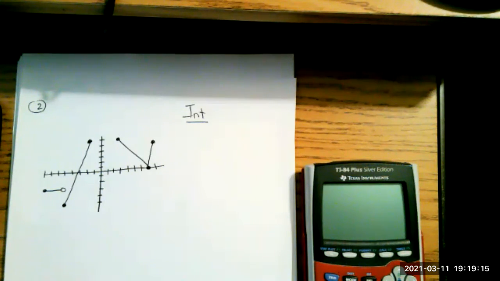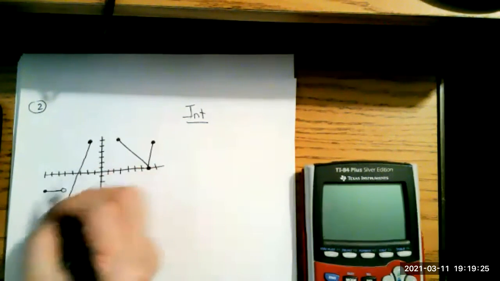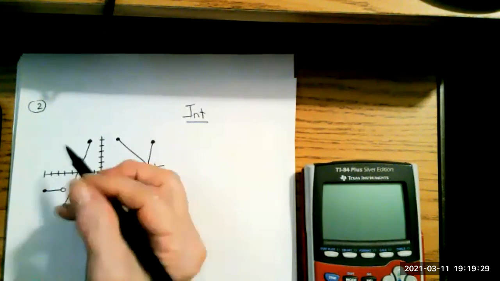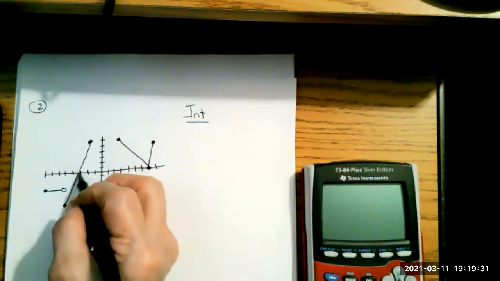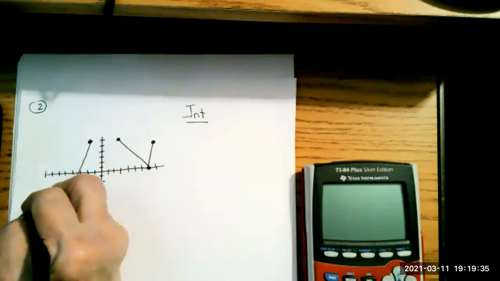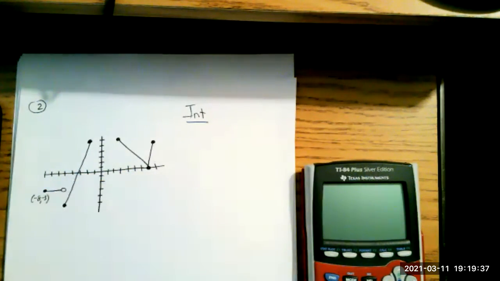You need to find the x values, x intervals. Yes, and you need to put in the ordered pairs because otherwise these don't have anything on them. So you need to figure out what this is. 1, 2, 3, 4, 5, 6, 7, 8. -8, -3. That's what that one is.